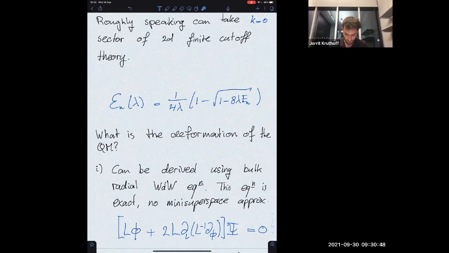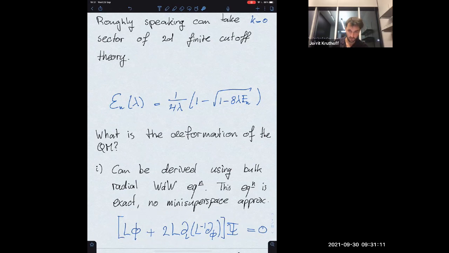There are some issues that are always present there, but there is a choice of operator ordering that basically gives you the correct result. And you can also maybe discuss other types of operator ordering. But for a specific choice, the Wheeler-DeWitt equation takes this form.